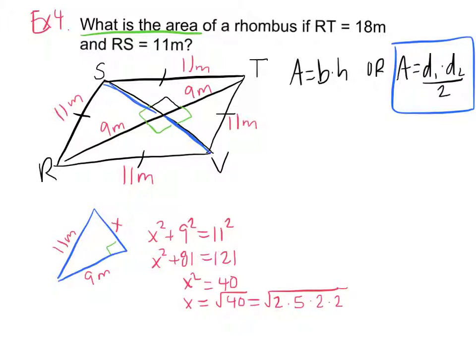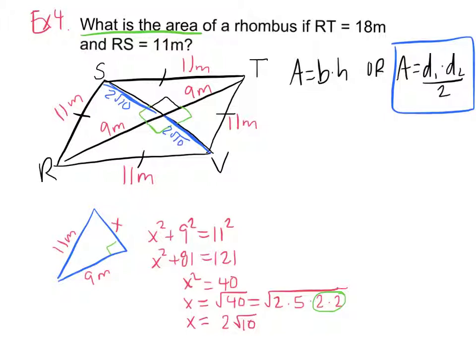See if you can see how I got that. That's 10 times 4 is 40. I see one pair, so that means that x is 2 square root of 10. So that means this length that I was looking for all along is 2 square root 10, and since the diagonals bisect each other, both of those are 2 square root 10.